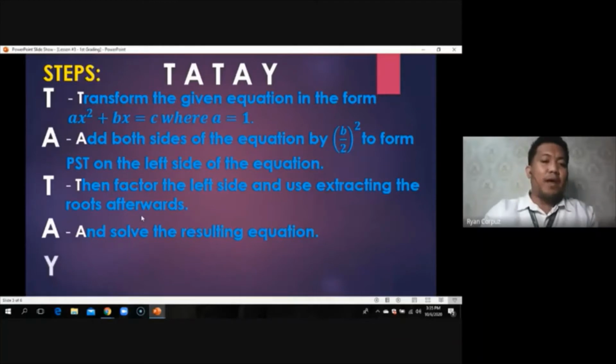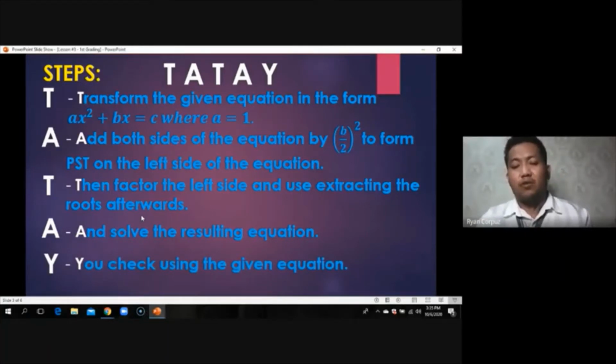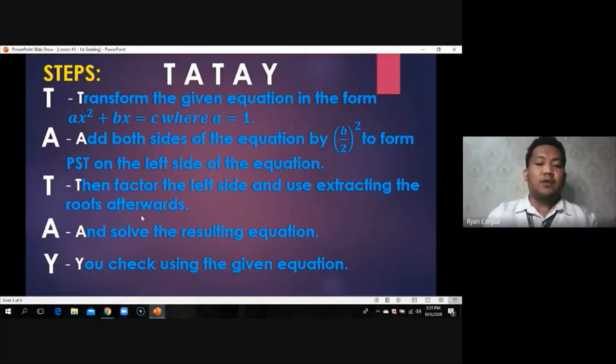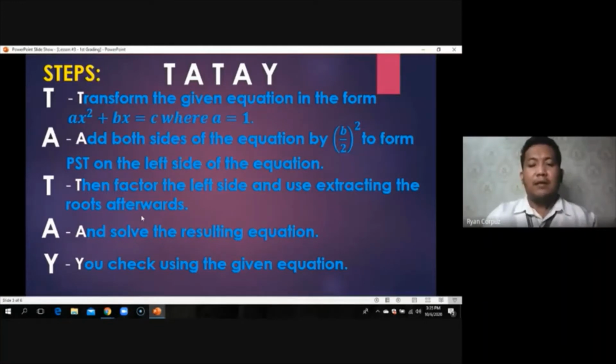Then last, Y stands for you check using the given equation. So as I told you before, for you to check using the given equation, once you already found the solutions to that equation, since there are two, you are going to substitute the first solution to the original given equation, then also substitute the second solution to that same original given equation.